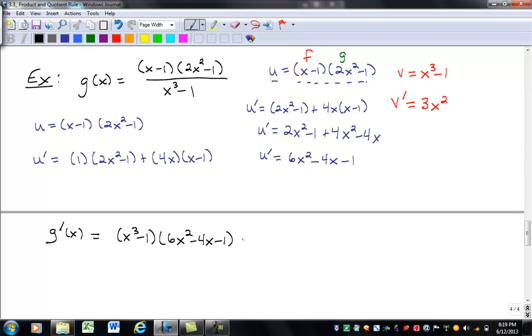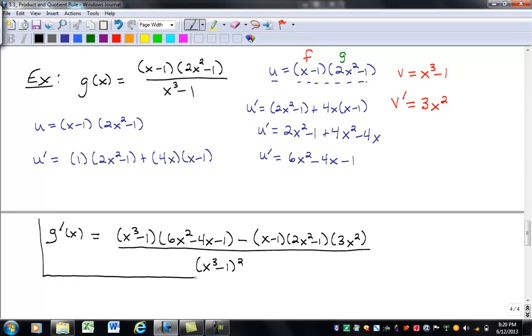That's low d high, minus high, that's x minus 1 times 2x squared minus 1, times d low, that's the derivative of the bottom, that's 3x squared. So what I have now is low d high minus high d low. And I divide it by the low squared, which is x cubed minus 1 squared.